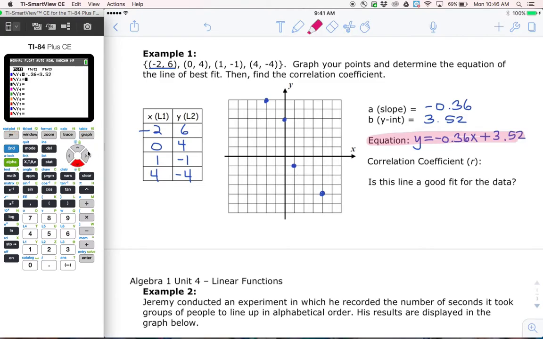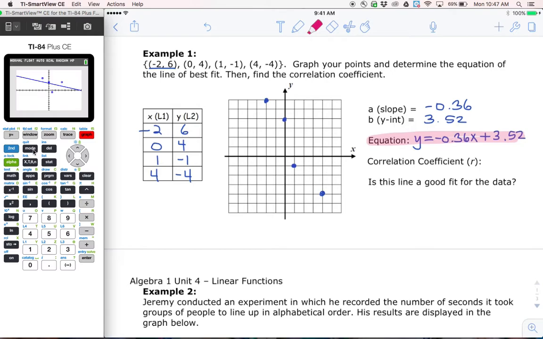Darn. Don't forget x. Plus 3.52. Sorry about that. That's what my calculator is telling me is going to be the line of best fit for these particular points. It's trying to get as close to every point as it can.